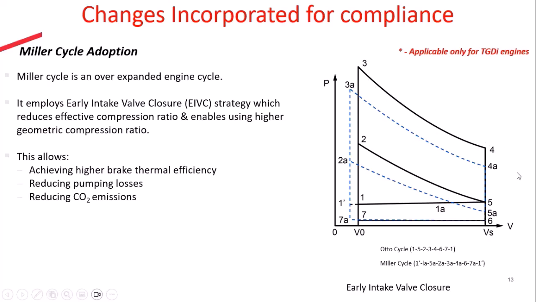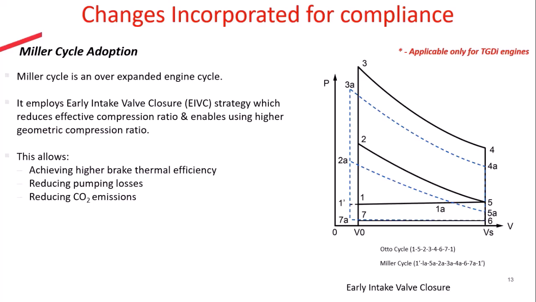For the Miller cycle, as the compression ratio is higher, the clearance volume is reduced further. The suction here starts at 1 dash, up to 1A. From 1A the intake valve closes, so once the intake valve closes, no new air enters the combustion chamber.